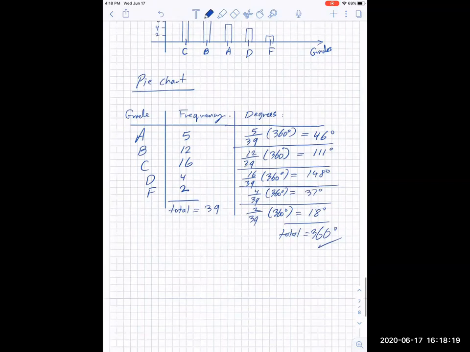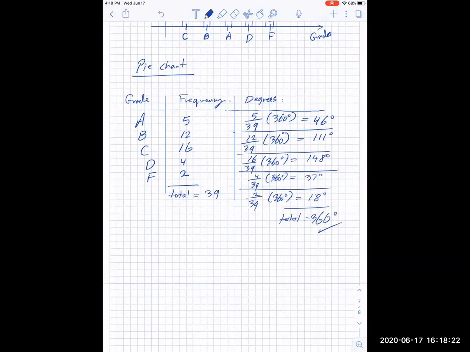So what I'm going to do now, I'm going to draw a circle. And then I'm going to look at the degrees. I have 46 degrees. So this is the center. 46 degrees.